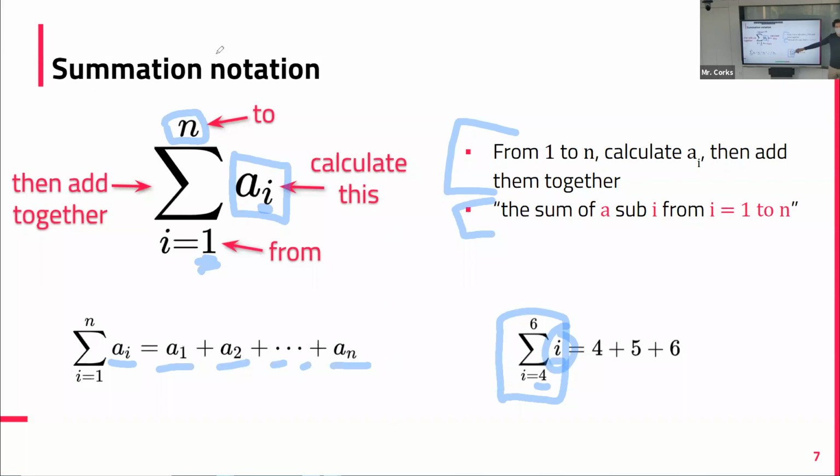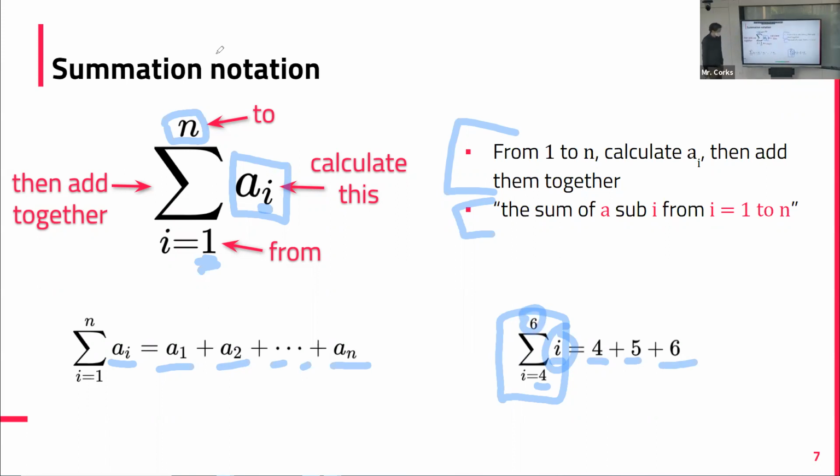Well, if it's not being multiplied or added to anything, it's just 4. And then we take our index, increase it by 1. So it's 5. And then we increase it again, we get to 6. We notice that here when I is equal to 6, that's the number on top. So we stop there.